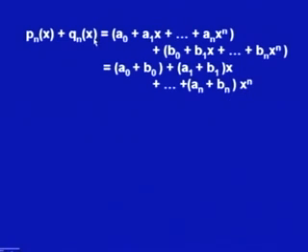The idea is the coefficients are added: a_0 plus b_0, a_1 plus b_1 is the coefficient of x, a_n plus b_n is the coefficient of x^n.